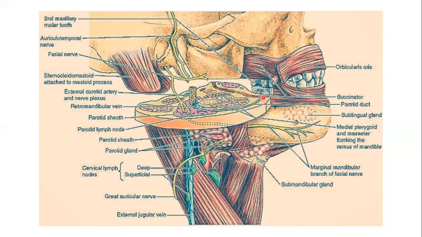This is 5 centimeter long and horizontal, and moving here it goes and here it turns medially, and here it opens into the oral vestibule, opposite the second maxillary molar tooth, second upper molar tooth. So its opening contains a papilla, that is the parotid papilla, which is clinically important.